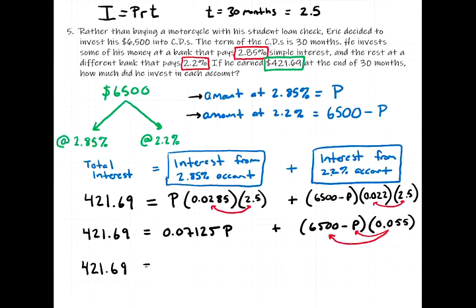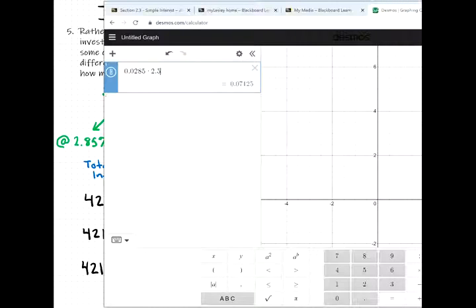Okay, so that's 421.69 is equal to 0.07125 P plus, all right, so now we need 6,500 times 0.055, and that's 357.5.